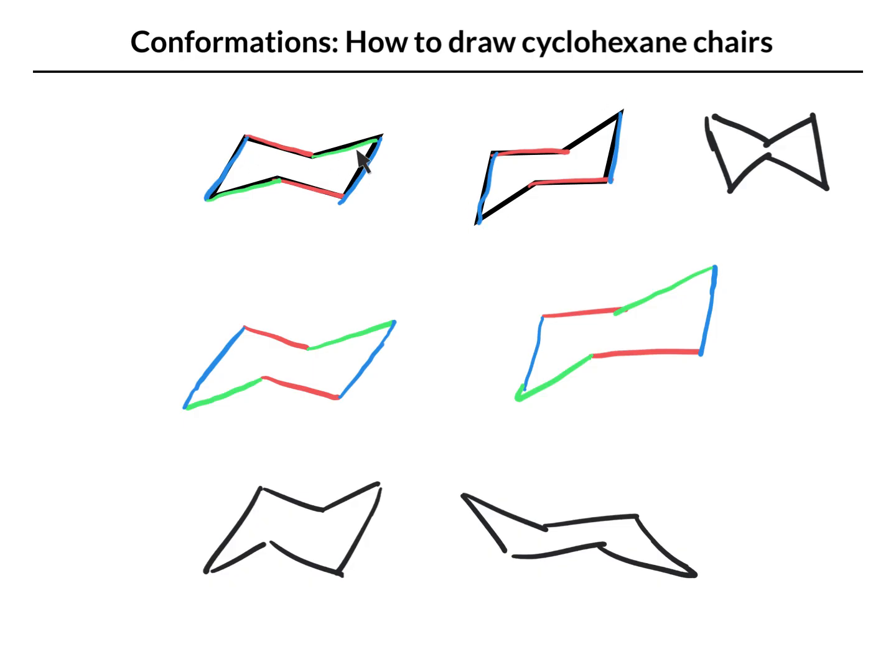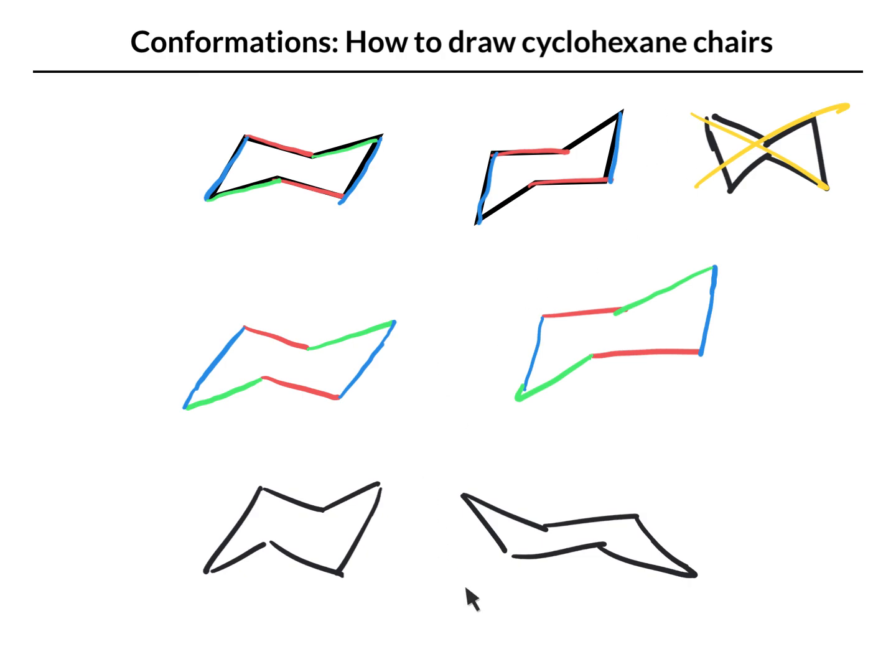Maybe here this is even more of a hammock, but we still have a headrest and a footrest, and that's important. Over here, our chair's facing the other direction, so this is the headrest, this is the footrest. Here, I can't tell which is which. There's no obvious headrest, there's no obvious footrest, it is just a bow tie. This does not work for cyclohexane conformations.